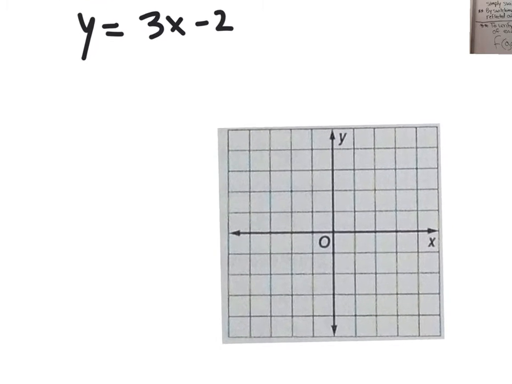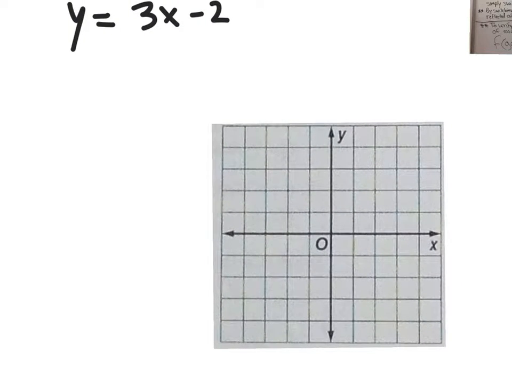Where does it cross the y-axis? Negative 2. Okay. So let's put a dot at negative 2. Now what do I do from that point? Up 3. 1, 2, 3 over 1, right? So technically we have a coordinate at (0, negative 2), and a coordinate at (1, 1).